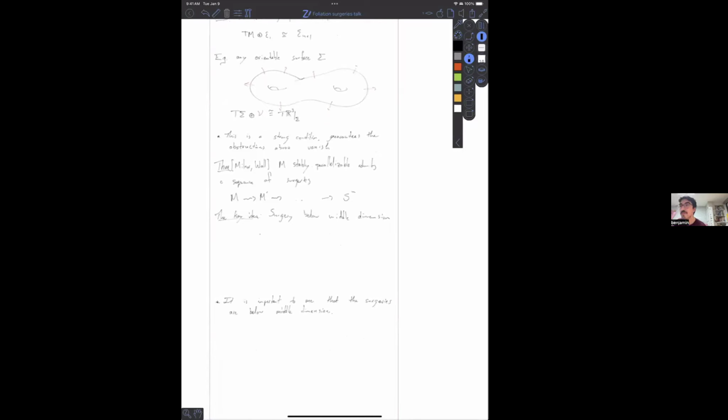So surgery below the middle. So the point is, for generators alpha in pi k, let's say below the middle dimension, the stable condition, being small plus stable, means that you can find a representative alpha of your homotopy class with trivial normal bundle.